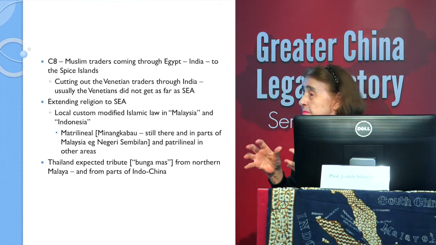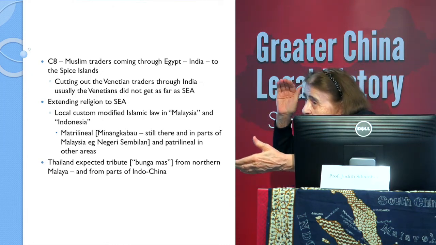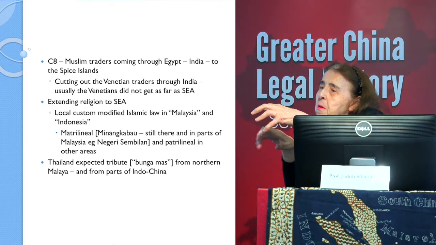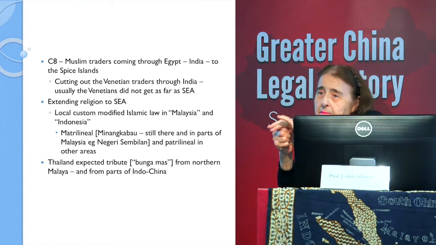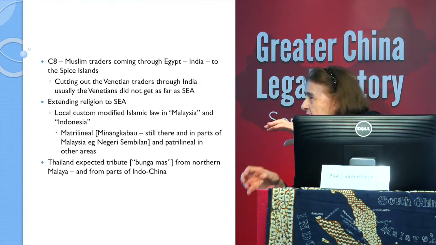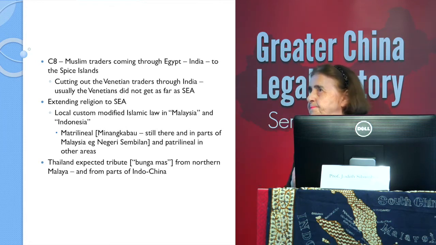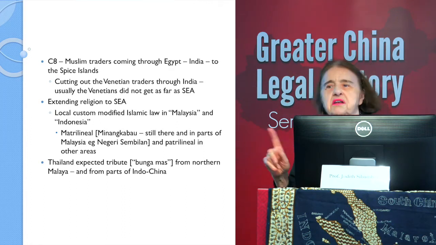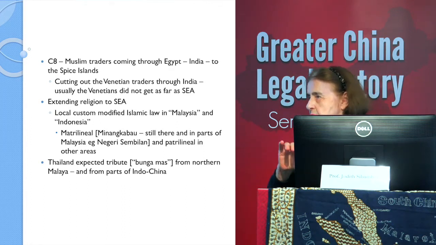They had custom, so when Islam came in, it didn't destroy the custom. The custom modified Islam. So it was never, in the past, what's the word we use now, fundamental. Never, never, never. It was quite soft and gentle.